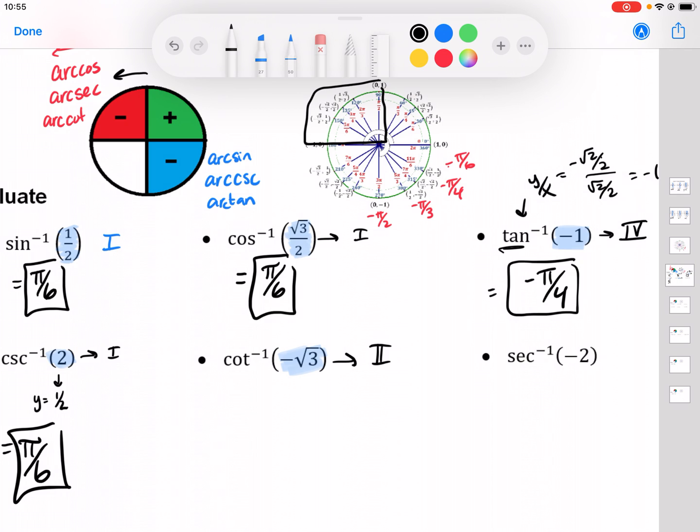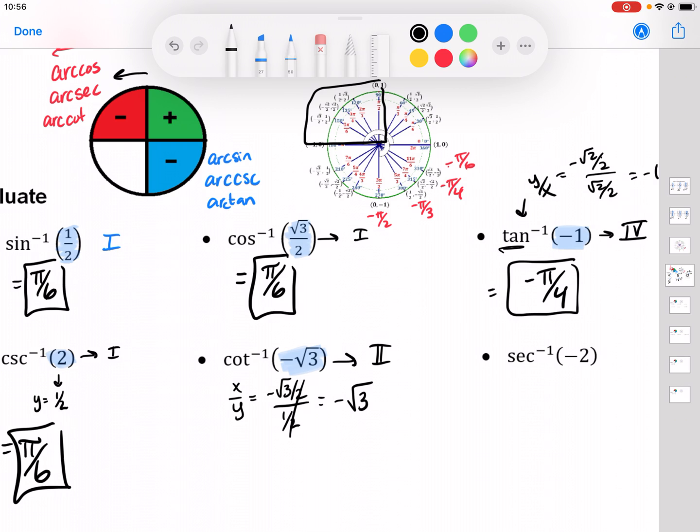And then I'm going to go ahead and, cotangent we know is x over y, and we want x over y to equal -√3. So in order for that to work, the square root would have to be on top, because then when we simplify, the 2's will cancel and you just get -√3 over 1, or just -√3.